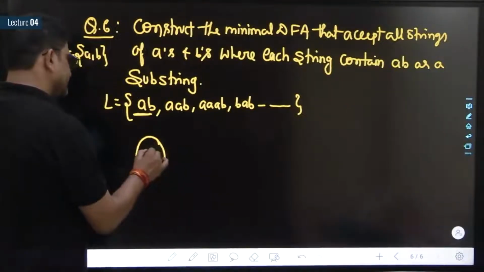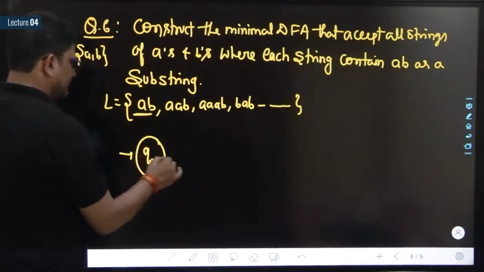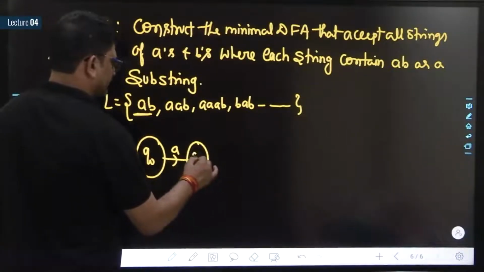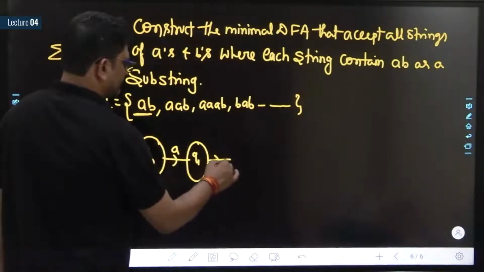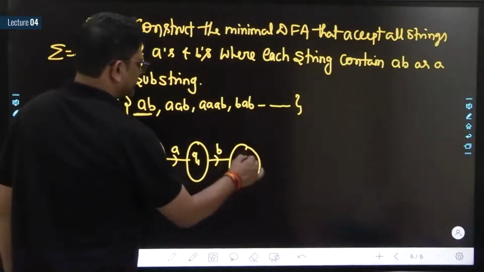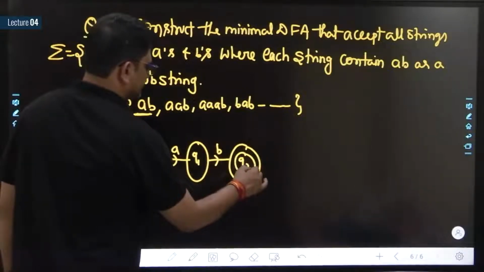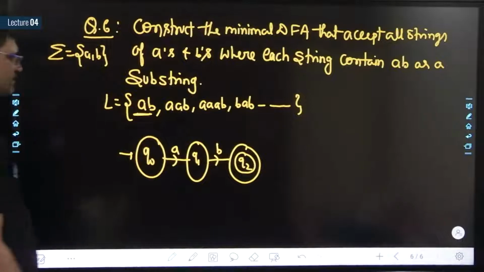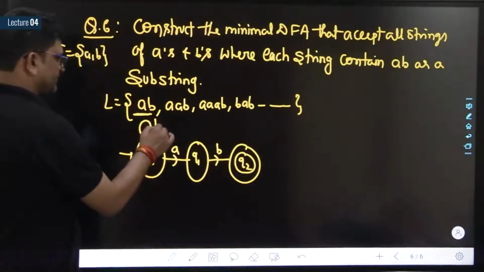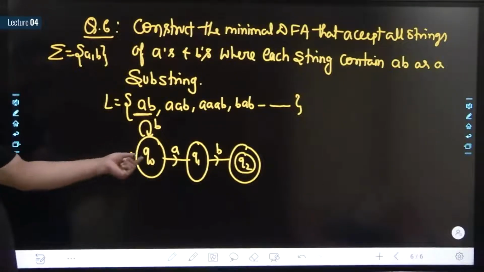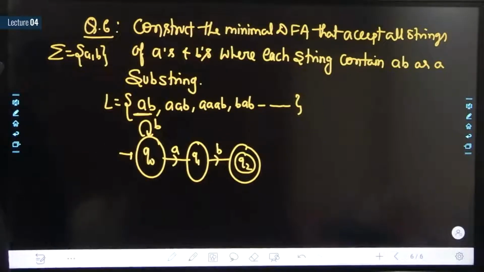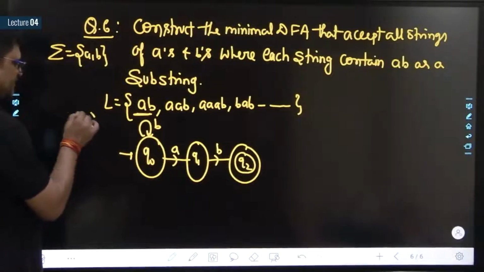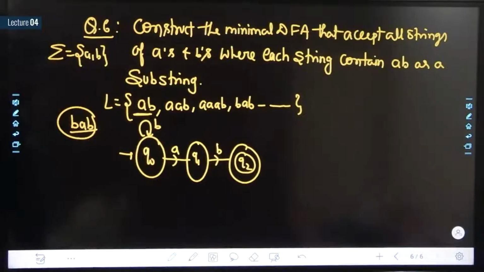This is the initial state, Q naught. On A, it goes to Q1. On B, it goes into the final state. This is our skeleton. Now make it a DFA. Yes, we can give the loop for this state because we have this string in our language.